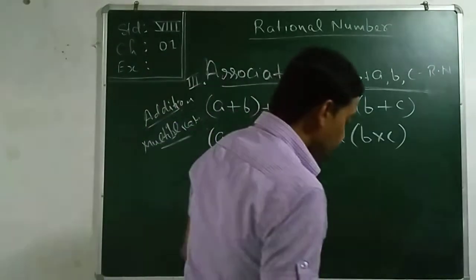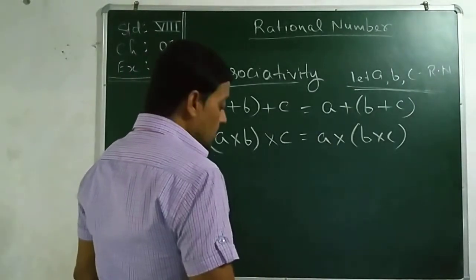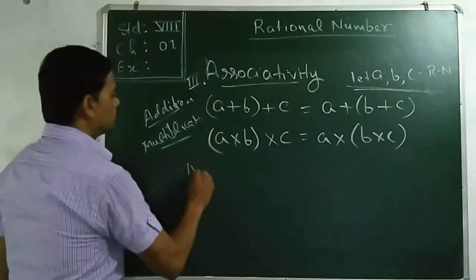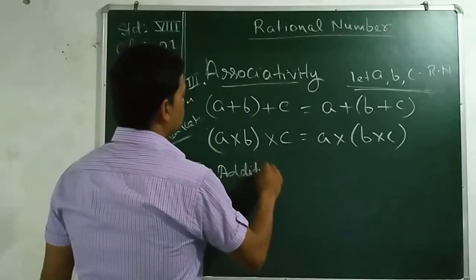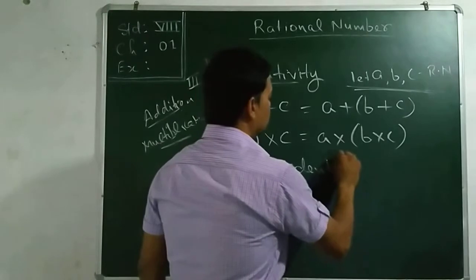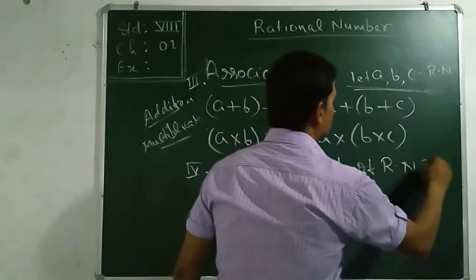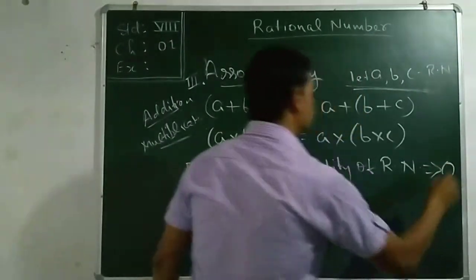Thereafter comes the additive identity. That is 0.